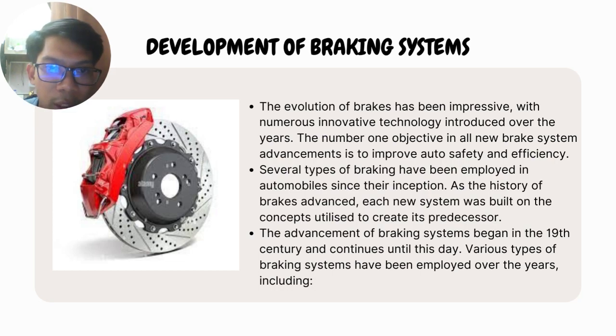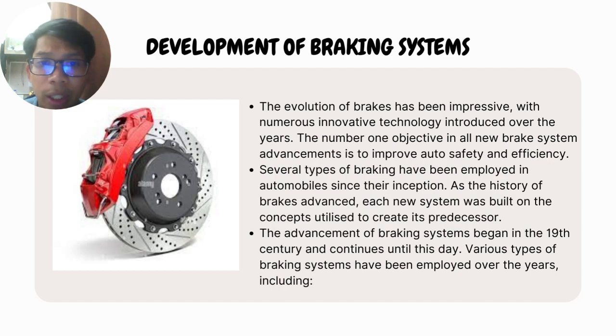Several types of braking have been employed in automobiles since their inception. As the history of brakes advanced, each new system was built on the concepts utilized to create its predecessor. The advancement of braking systems began in the 19th century and continues to this day.